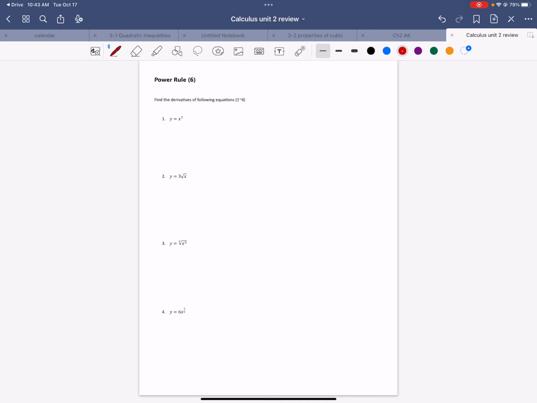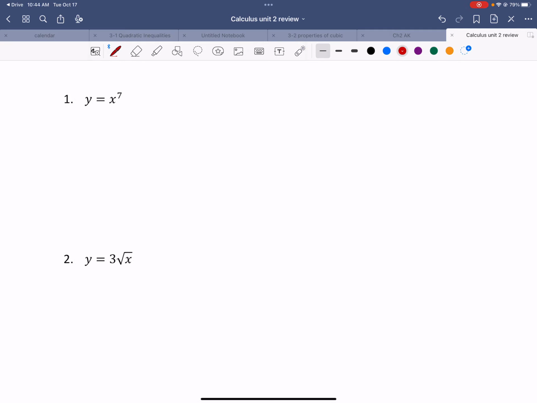Power rule. That one, you should know how to do it. I will tell you this much. Number 1, I think you can do it. Number 2, you can do it as well. What I want to say is that square root of x is the same thing as x to the 1/2 power, right? But I told you, when you derive it, don't do it one by one. Just memorize it.